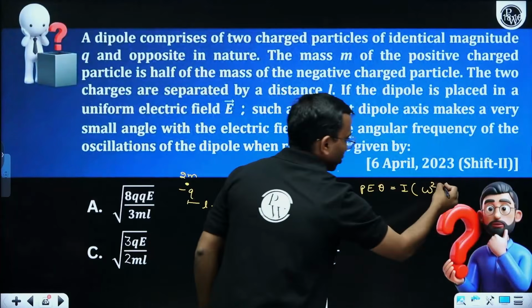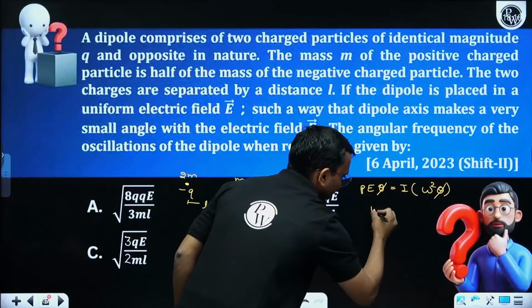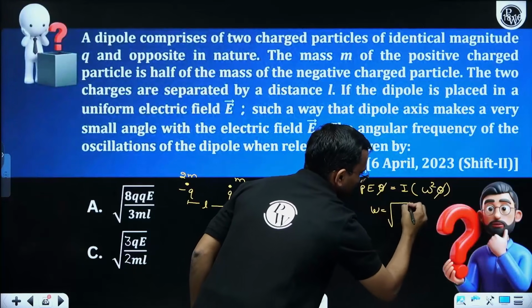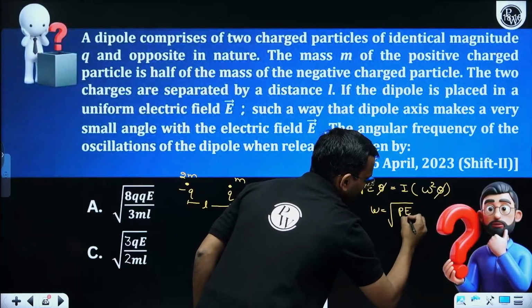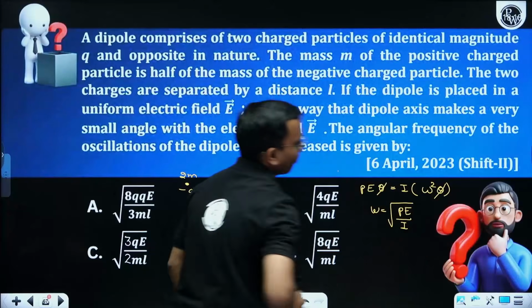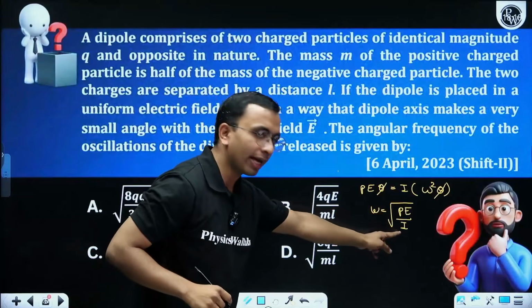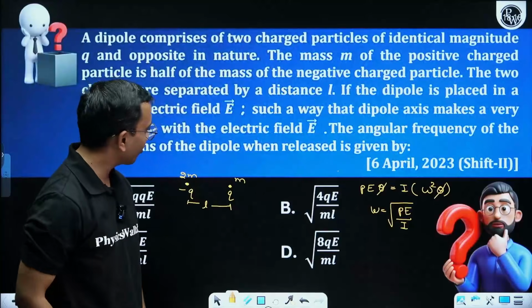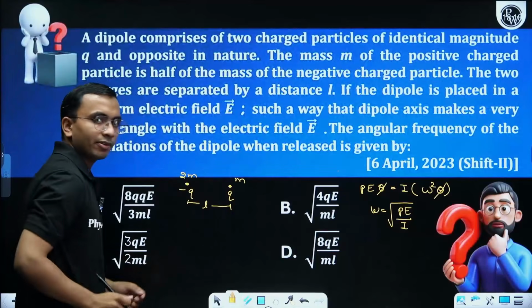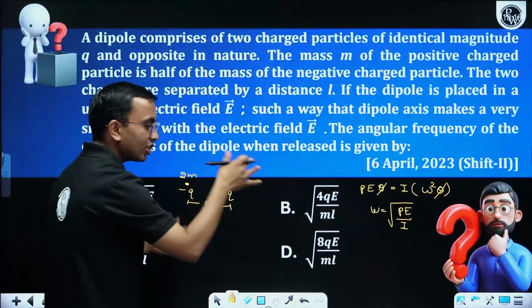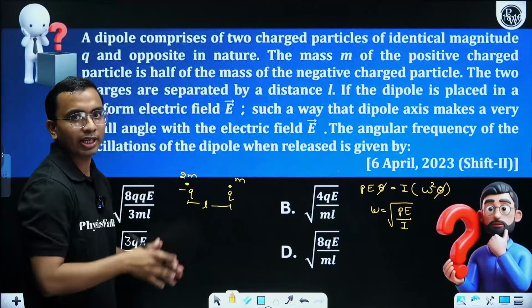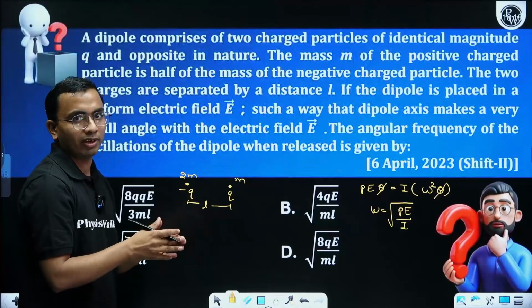So from there we got omega as root of pE by I. So basically I have to write P and the moment of inertia. Now both the masses are different, so I have to write the moment of inertia about the center of mass. The center of mass is my inertial frame of reference here.